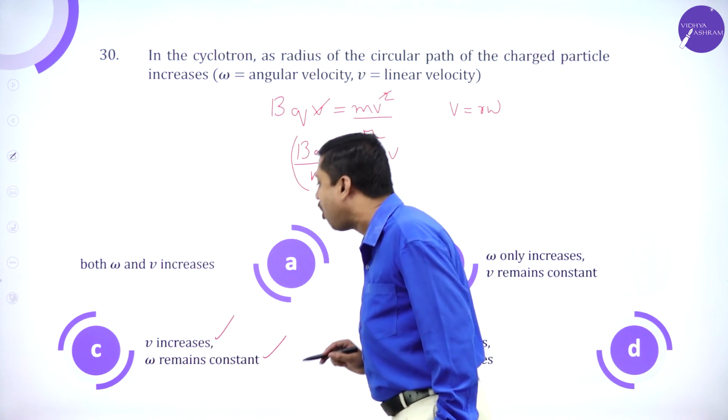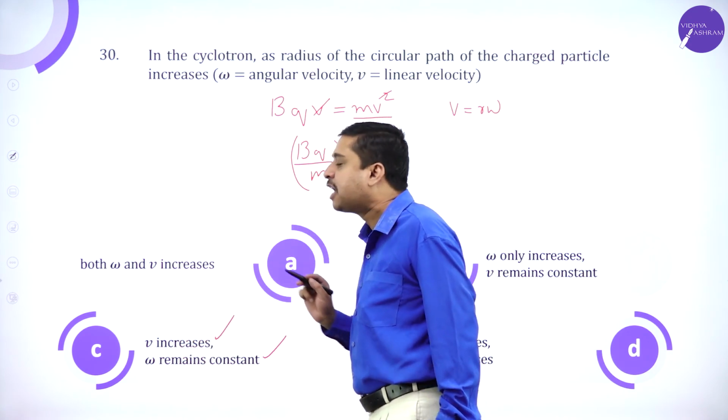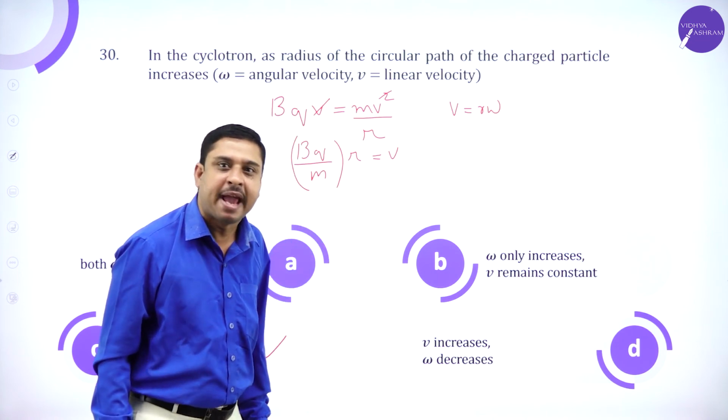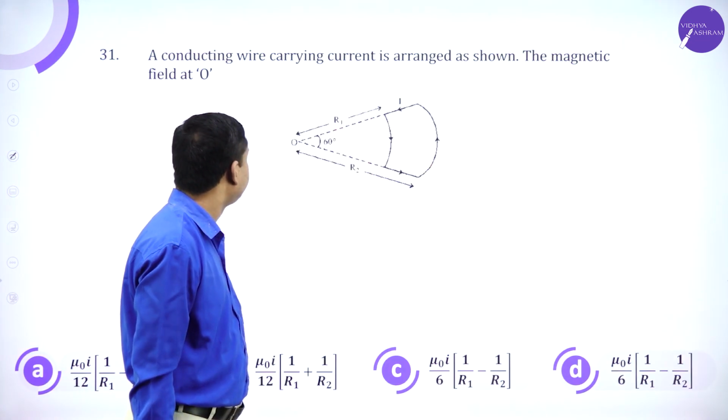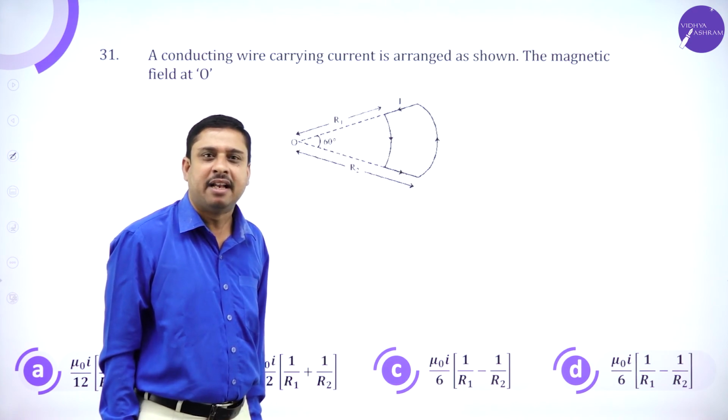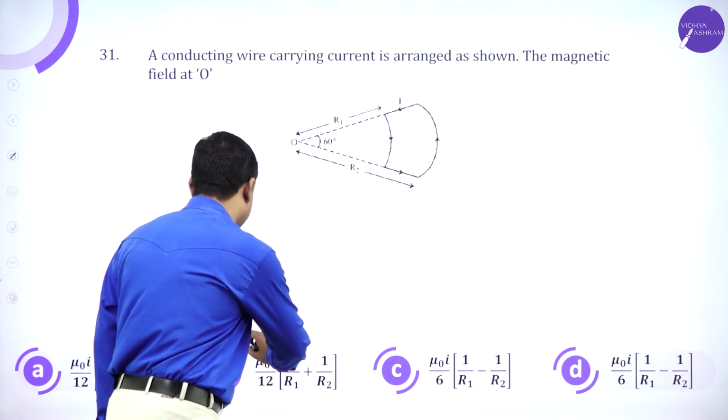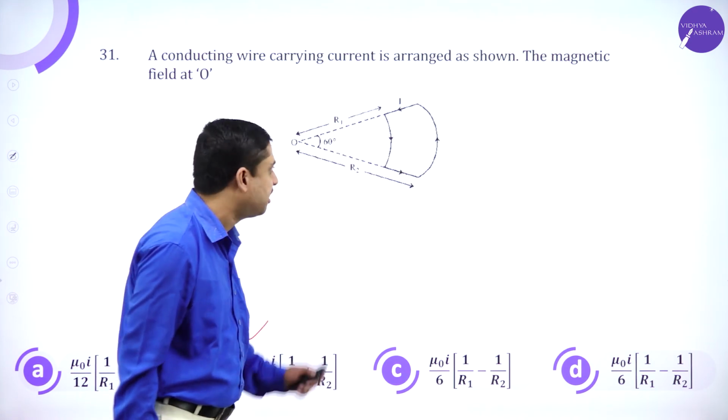So linear velocity increases, angular velocity remains constant. Already done in my previous session. Second option is the answer.